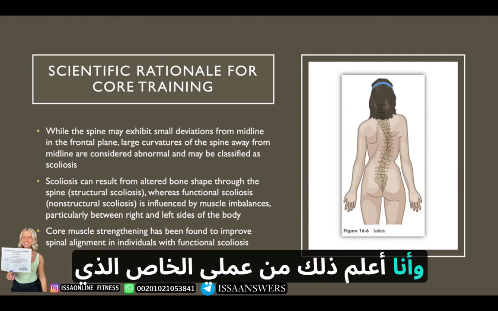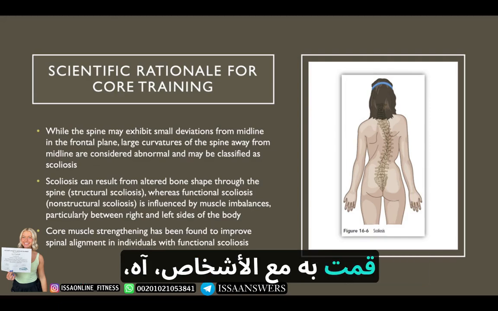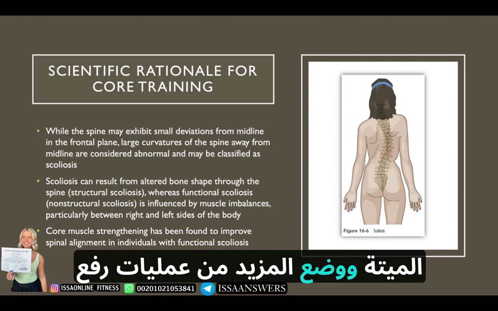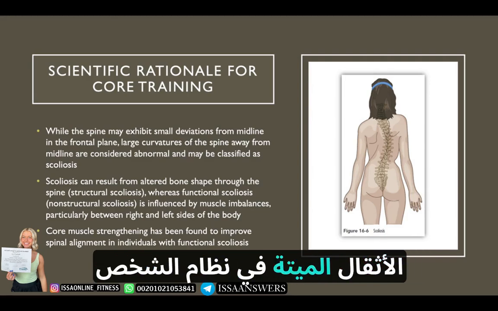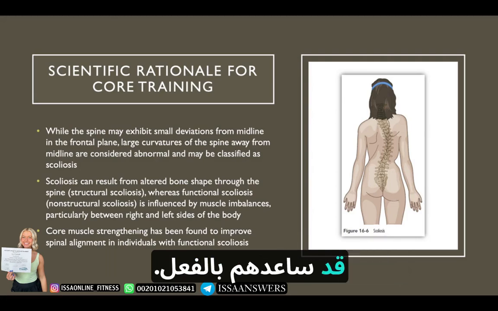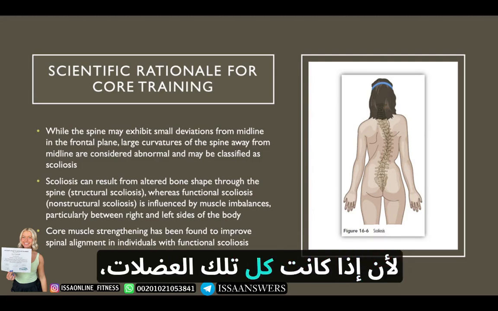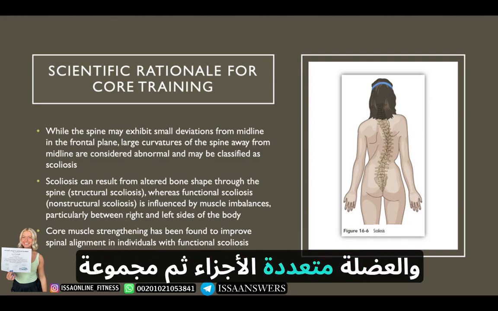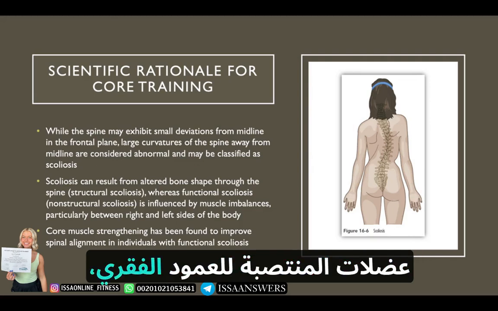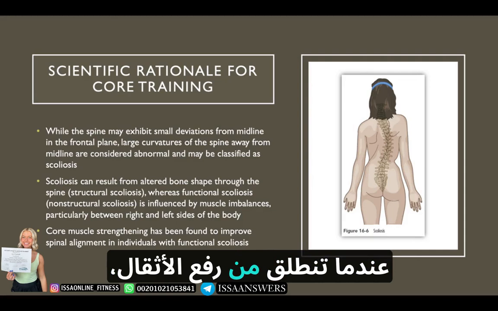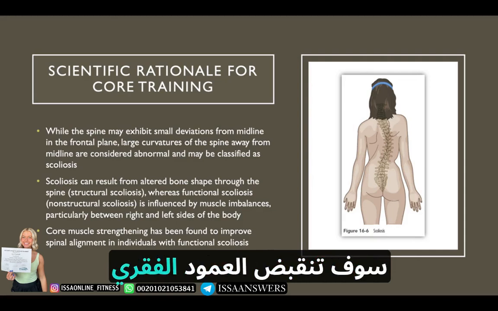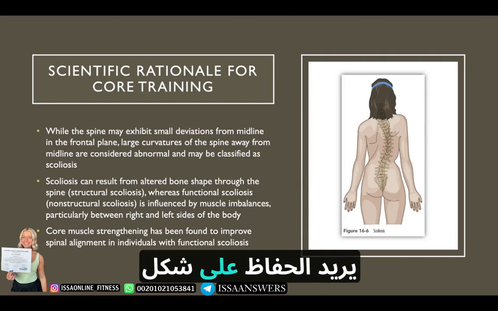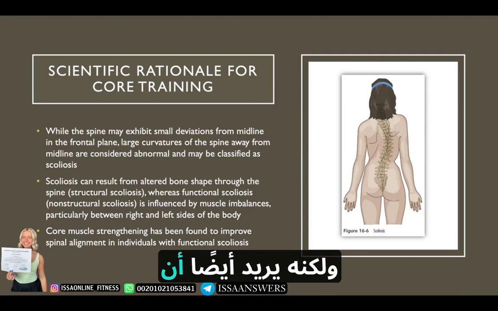From a personal standpoint, I know from my own work with people that working in a deadlifting program and putting more deadlifts into a person's regimen has actually helped them, because all the musculature that sits over the spine, as we said, the rotators, the multifidus, and the erector spinae group, when they fire from deadlifting, will contract the spine to make it optimal, meaning it wants to maintain the shape of the spine, but it also wants to pull correctly.